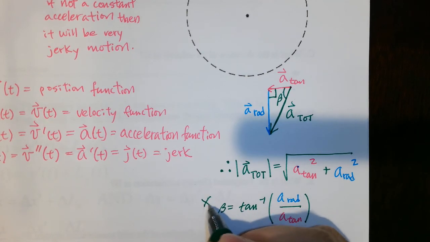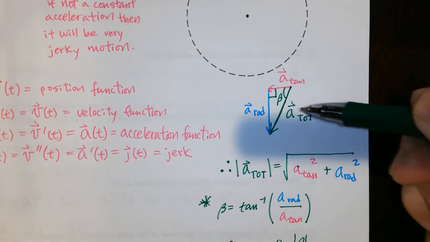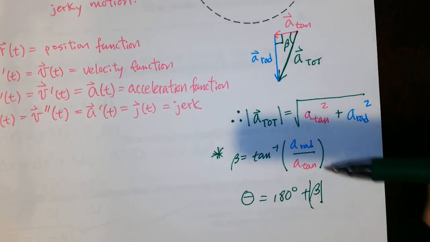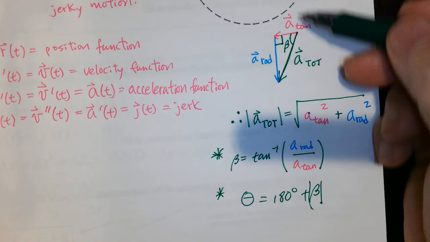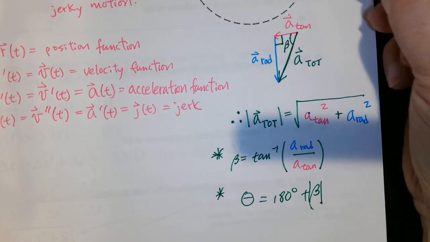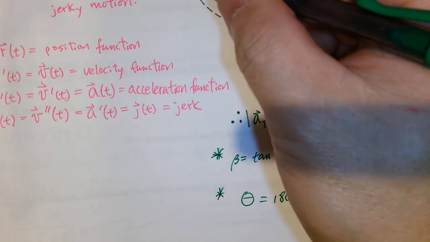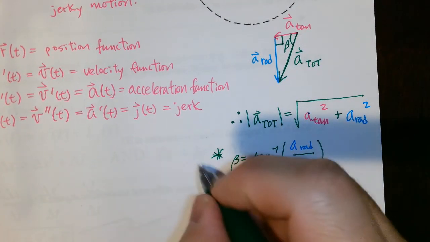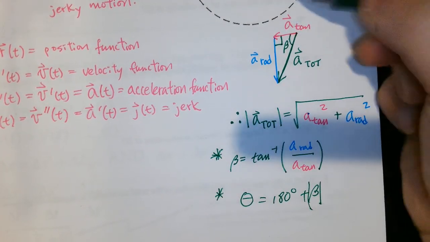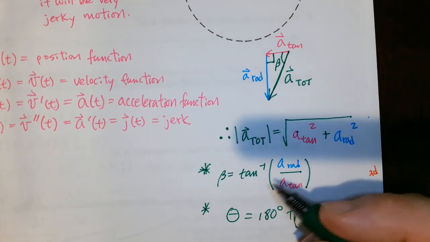So this is a special case, looking at just this one. This will change depending on where it is and which part of the circle it is. If it's here, it's going to be different. If it's here, it's going to be different. So make sure you understand that this is a special case, just for this example.